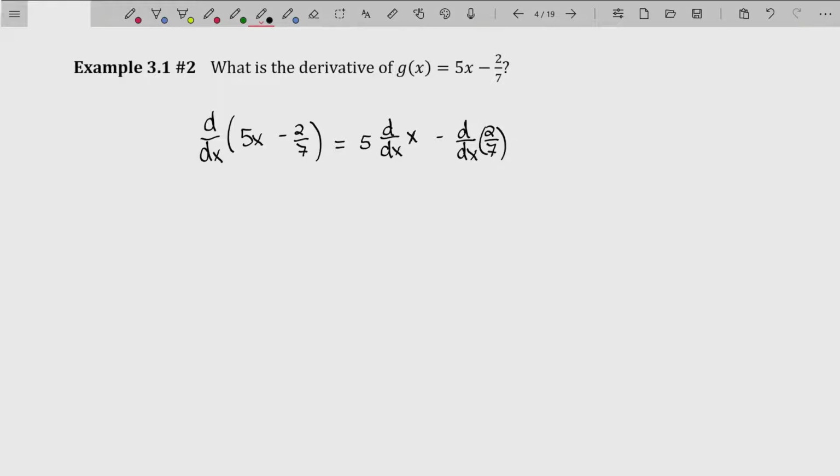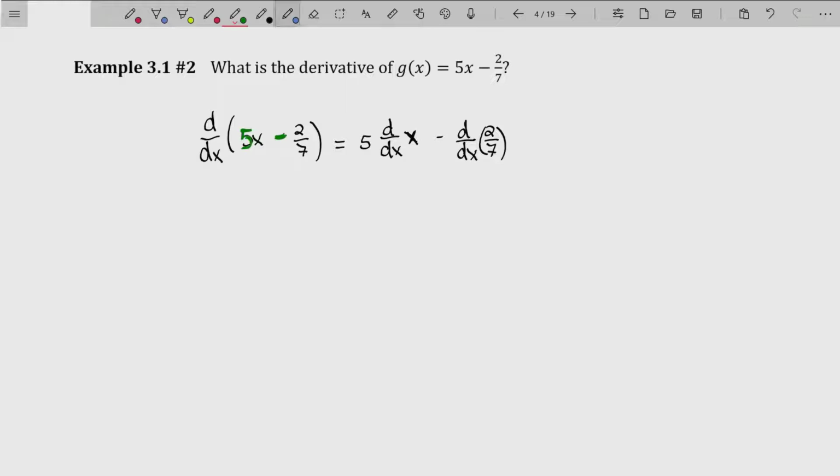So remember, if I have a constant multiplying, let me put that in green there. I have a constant right here multiplying x. You can factor that off. And then again, this was a difference of two functions, so I broke it into two different derivatives. We happen to know that the derivative of the constant on the back end is going to be 0.